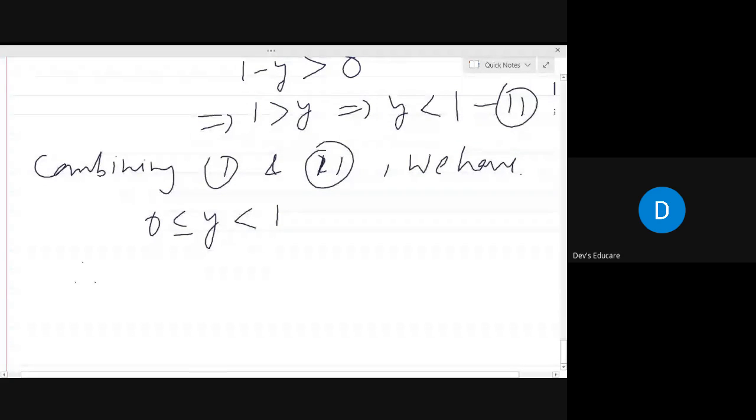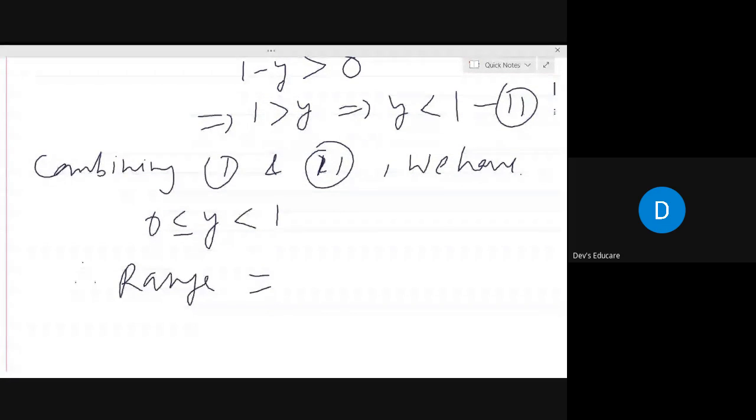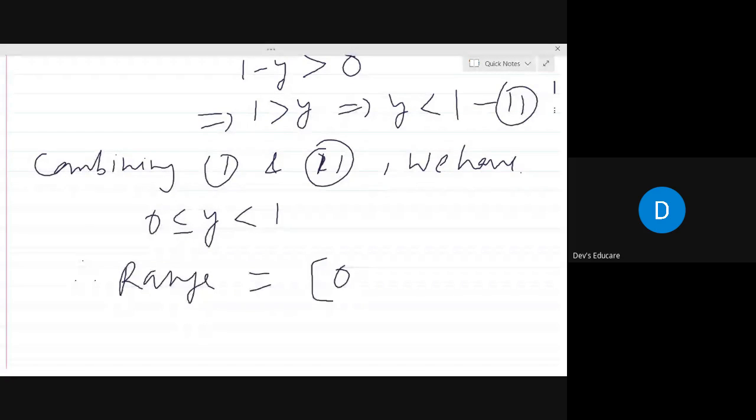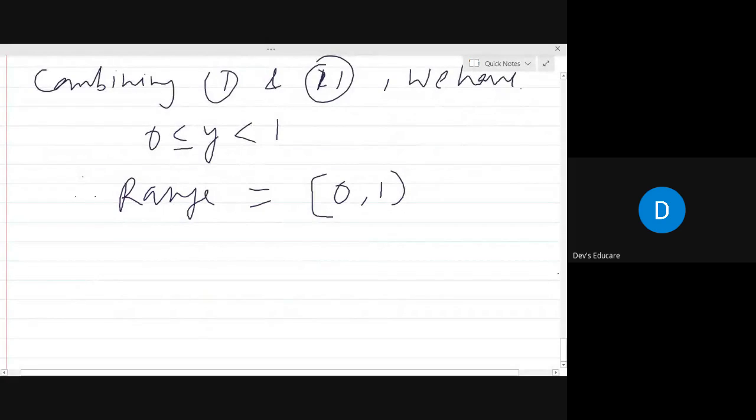Therefore, the range of the function will be [0, 1). Okay. Shall we proceed? Muskan, Ria?